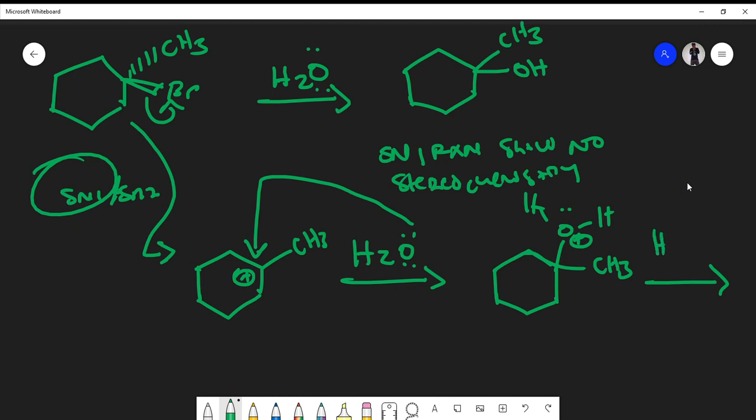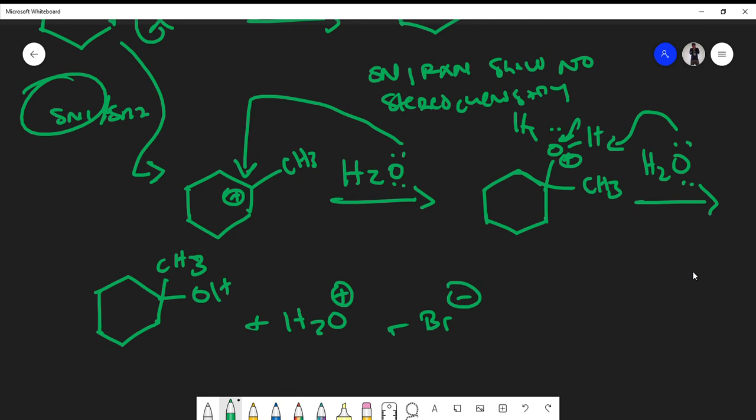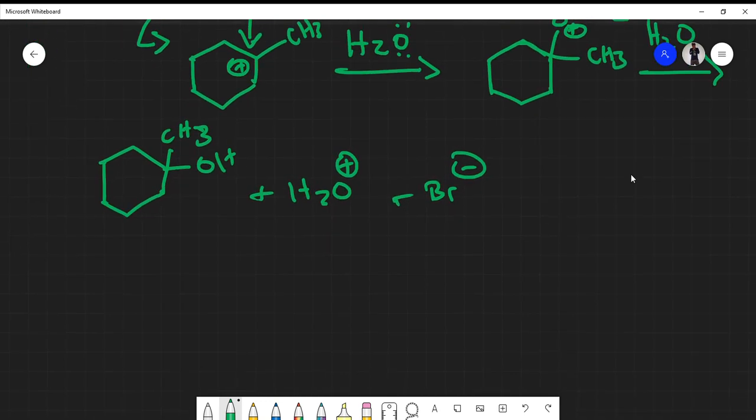Another water molecule, because we have plenty of these in solution, is going to come in, act as a base, take off the hydrogen, and put the electrons in the form of lone pairs on the oxygen, and we get our desired major product as OH, there's our CH3. And obviously we get a little bit of acid, H3O plus, and our leaving group. So that would be an SN1 reaction.